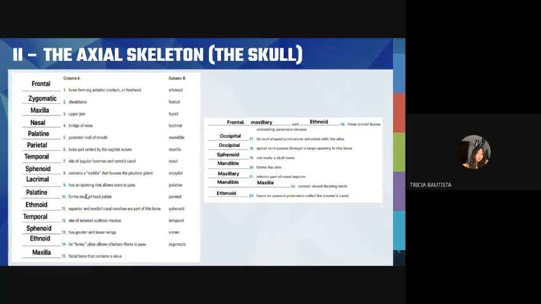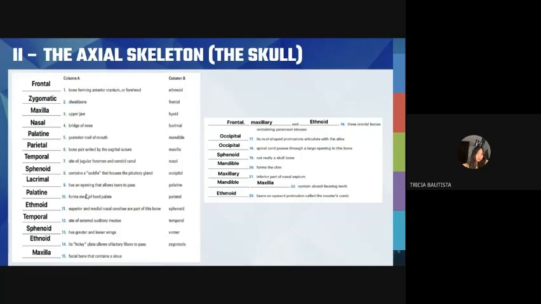The keyword is palatine. Number 11, superior and medial nasal conchae are part of this bone. It is the ethmoid. Number 12, site of external auditory meatus. It is the temporal. Number 13, has greater and lesser wings. It is identified as the sphenoid.